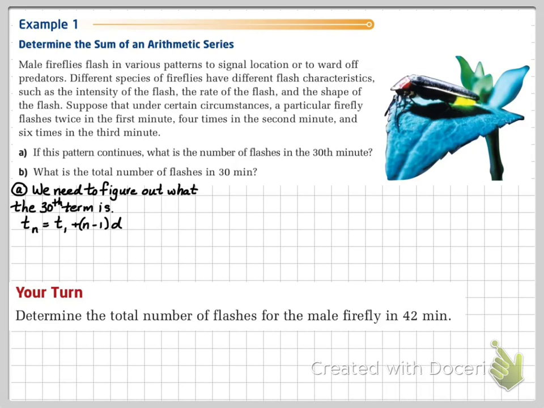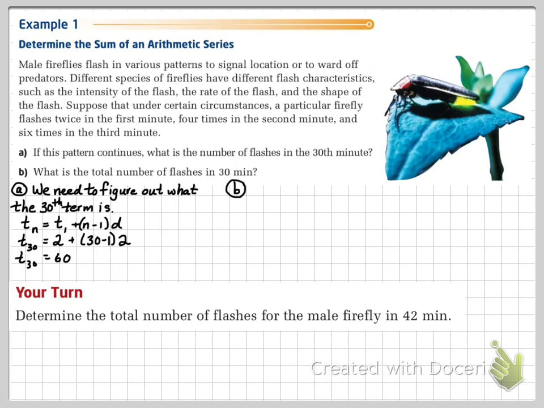Tn is going to be T30, the first term, which is 2, plus n minus 1, which is 30 minus 1, times the common difference. It goes up by 2, so the common difference is 2. So now we can tell what the 30th term is: 2 plus 29 times 2, 29 times 2 is 58, plus 2 is 60. So the 30th term is 60.